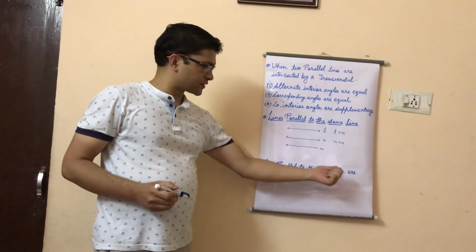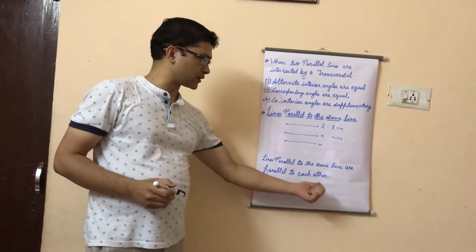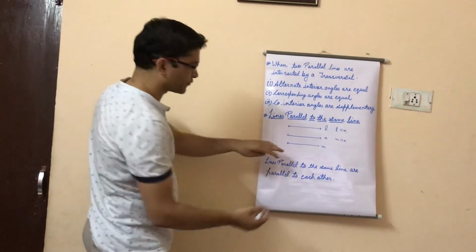Lines parallel to the same line are parallel to each other and we can easily prove it.